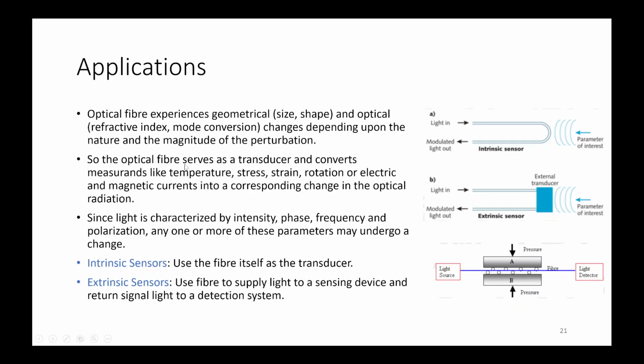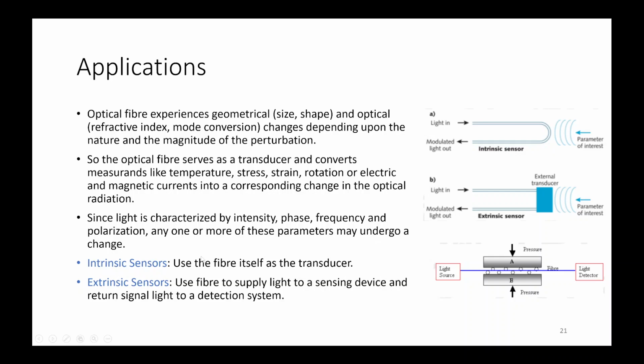The optical fiber serves as a transducer, and it converts measurements like temperature, stress, strain, rotation or electric and magnetic currents into a corresponding change in the optical radiation. Since light is characterized by intensity, phase, frequency and polarization, any one or more of these parameters may undergo change. So there are two types of sensors.